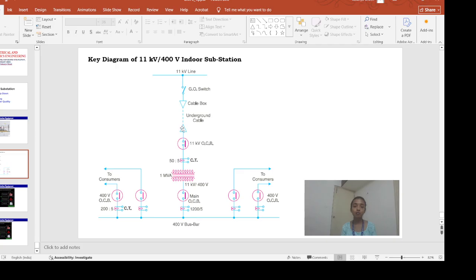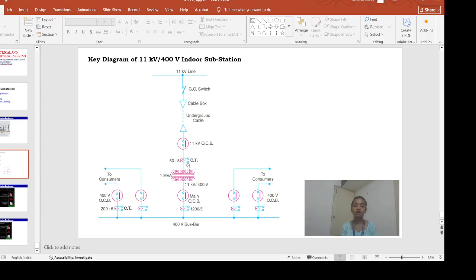So this is another point of the cable box. Then that 11 kV voltage is coming out. And if there is some fault in the transformer and the transmission line, then this oil circuit breaker will open, the switch will open, and it will make the current zero.